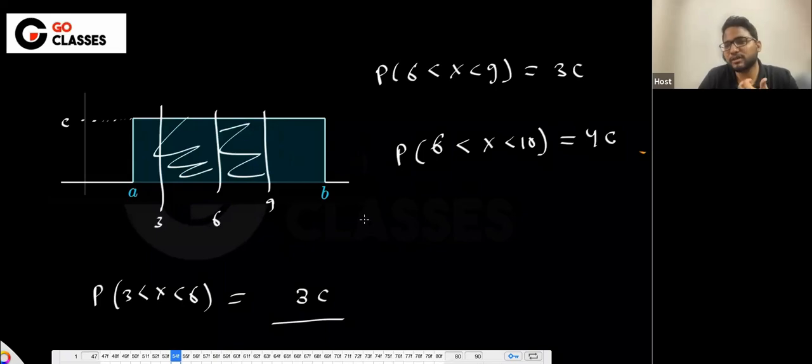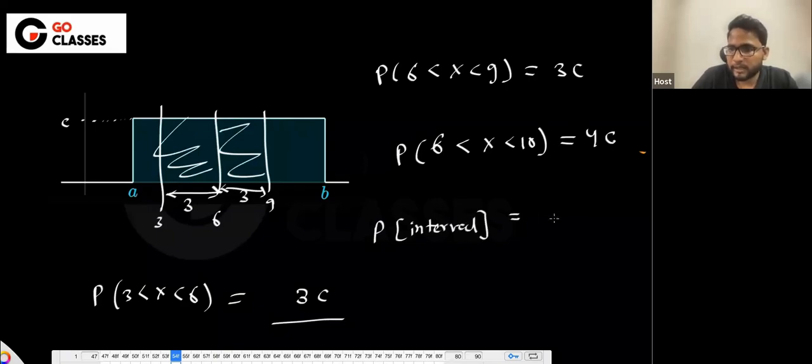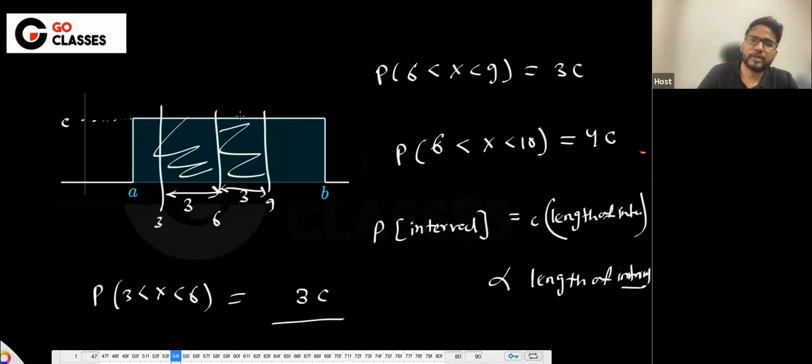So basically, it depends on the length of the interval. If the length of the interval is 3, it does not matter where this 3 is, here or here. The probability of any interval is length of the interval into C. Basically, it is directly proportional to the length of the interval.